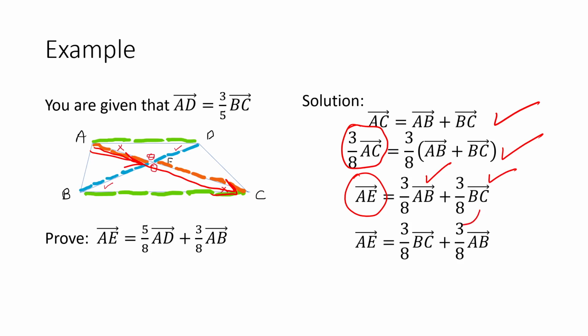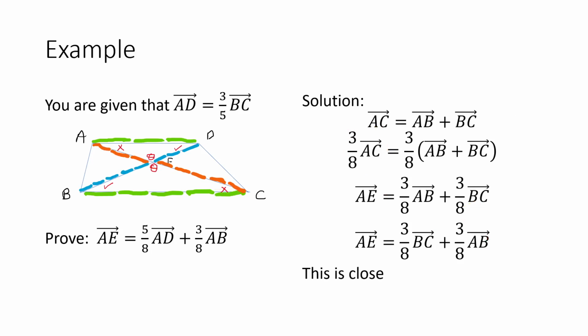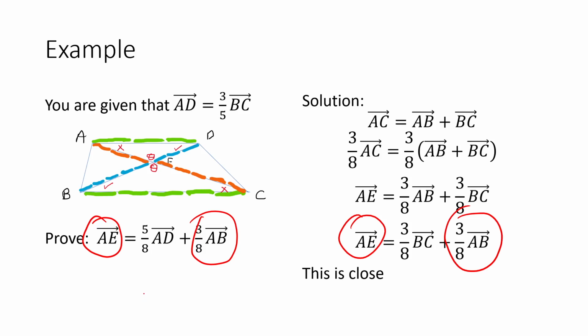Well, we're just going to switch those two. So we'll call it 3/8 of BC plus 3/8 of AB. Now, we're getting pretty close because what we're asked to prove has an AE on the left and has a 3/8 of AB on the last term. We just have to somehow show that 5/8 of AD is the same as 3/8 of BC.